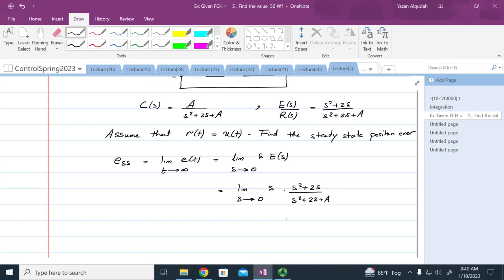Yes, that's correct. It's missing R of S. I mean, this expression for E of S over R of S is equal to this. Therefore, E of S is going to equal this multiplied by R of S. What is R of S? Since it's a unit step, who knows the Laplace transform of a unit step? 1 over S. Excellent.